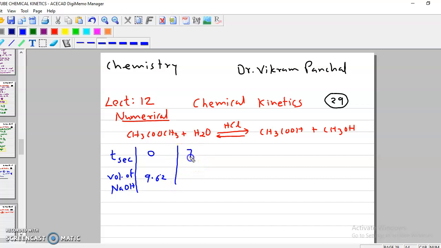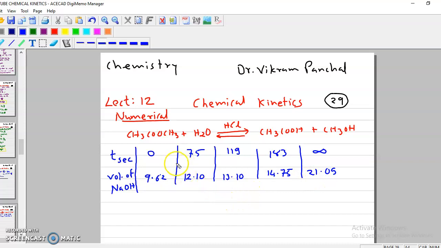At 75 seconds, the volume of NaOH required is 12.10 ml. Then at 119 seconds, the volume of NaOH required is 13.10. Then at 183 seconds, it is 14.75 ml. And at infinite time, the volume of NaOH required is 21.05 ml.